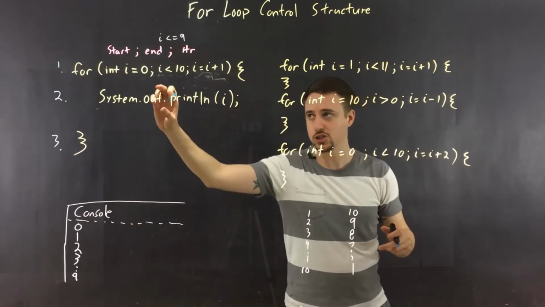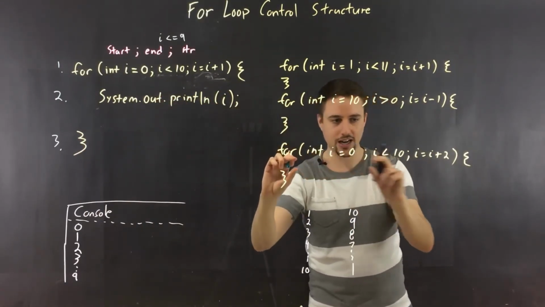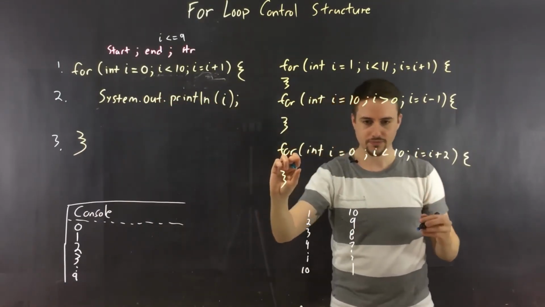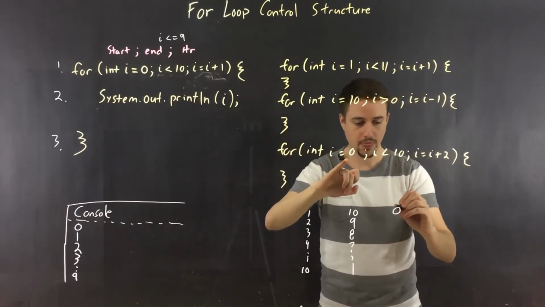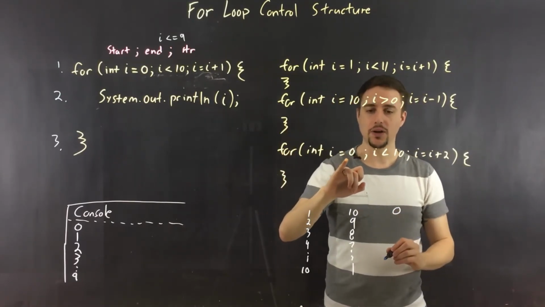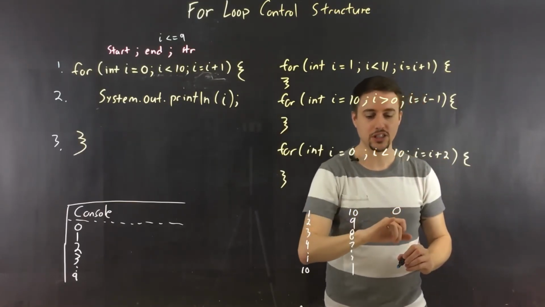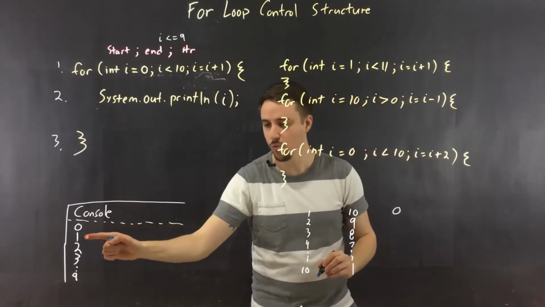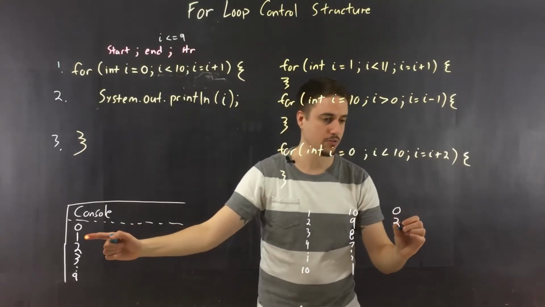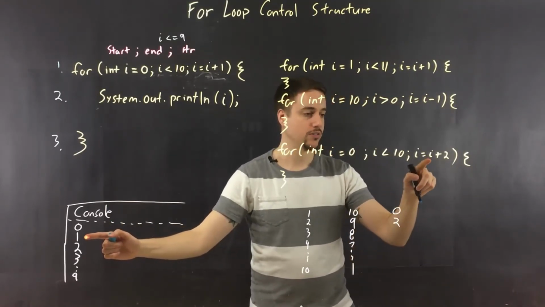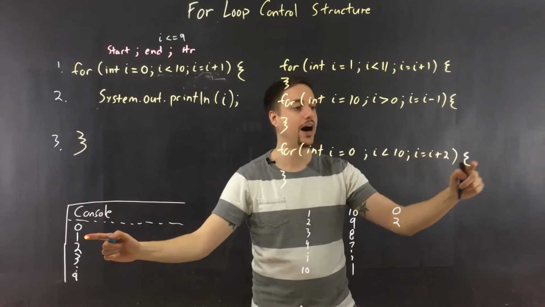So if we assume that the system out print line is inside of the scope of the for loop, we're going to start at 0, and then we are going to do I equals I plus 2. So instead of going from 0 to 1, it's going to go 0 to 2. Okay? Because 0 plus 2 equals 2. So now I equals 2.